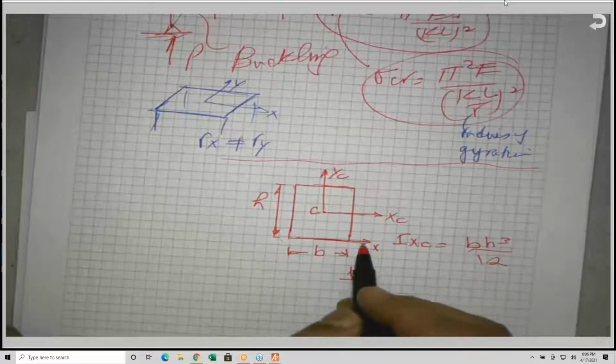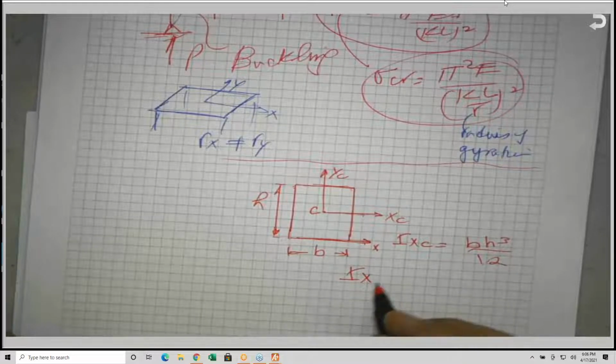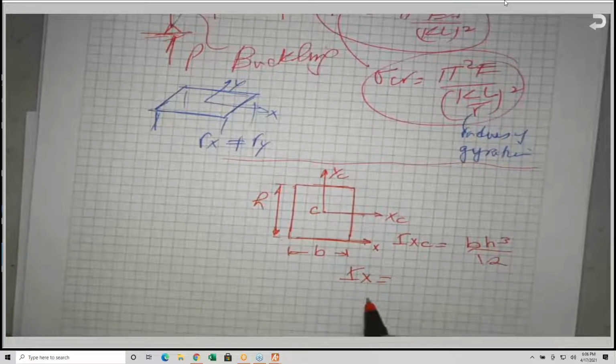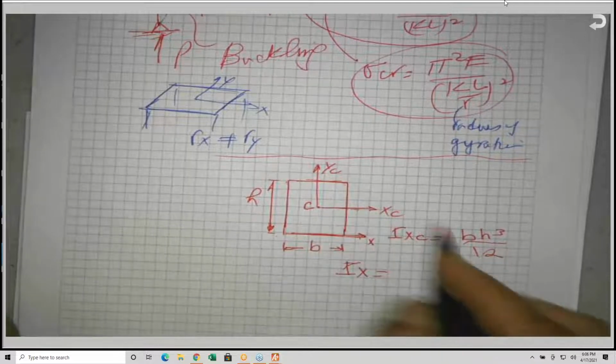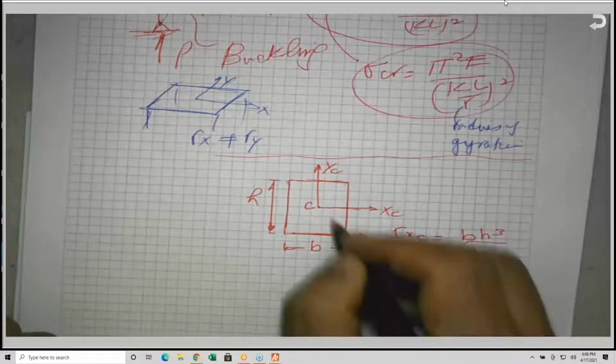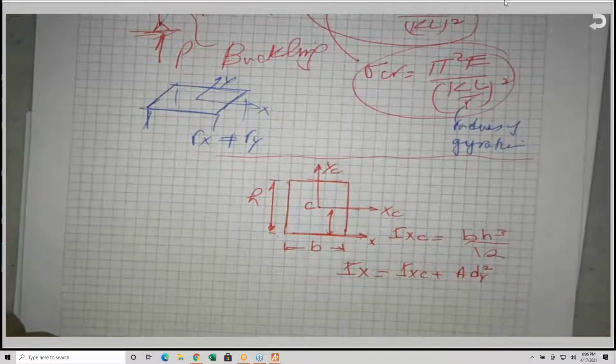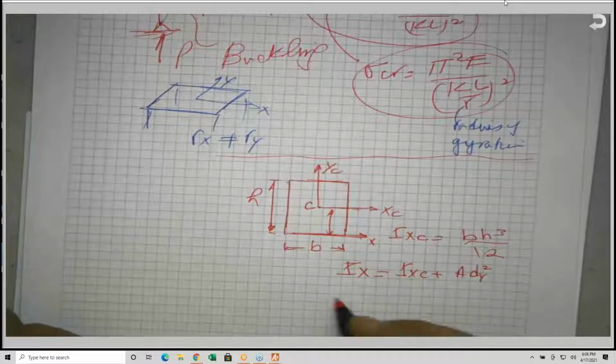This X is parallel to this one. So if I apply the parallel axis theorem, IX is equal to IXC plus A dy squared.